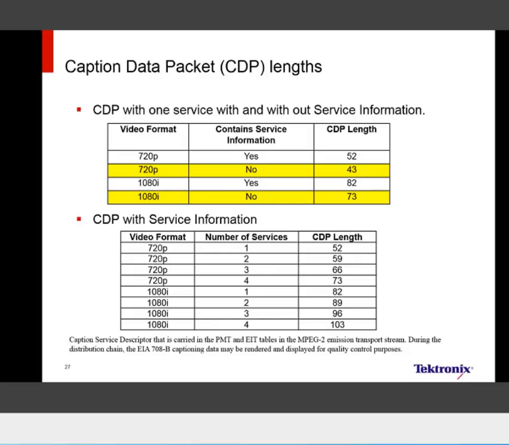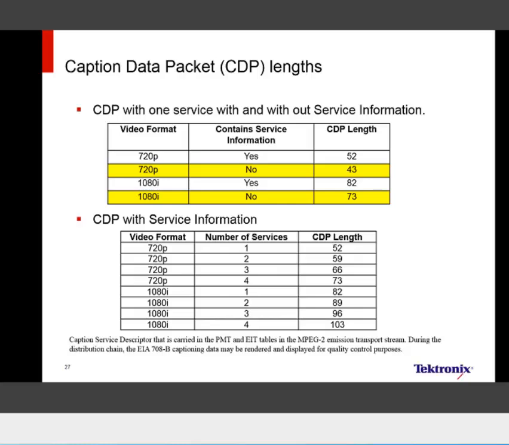Within the 708 CDP, there is actually different amounts of data that can be sent. So you have the raw caption data itself, and then we have different types of service information that can be added to the captions. The service information ends up with different numbers of services. So you can have the raw captions with no service data at all, and you'll have the CDP links that I've highlighted in yellow.